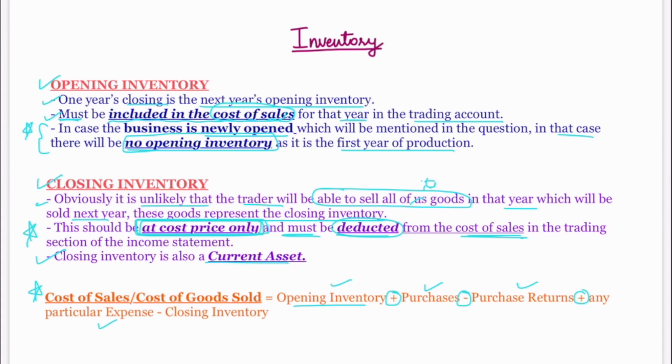This expense, as we saw previously, can be wages, but it is rare for them to give such additional information, and then less closing inventory. So it is basically just opening inventory plus purchases less closing inventory, but they may give additional information for purchase returns or any particular expense.